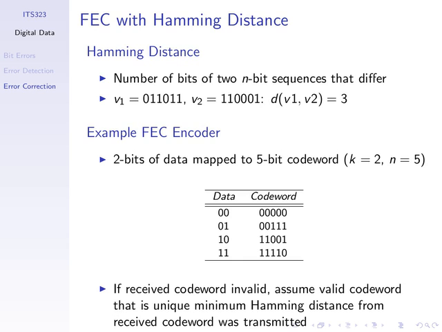That was the problem. So in fact the problem arises or it will arise more often if the valid code words are close to each other. What's the Hamming distance between these two? 3. They're 3 bits different.